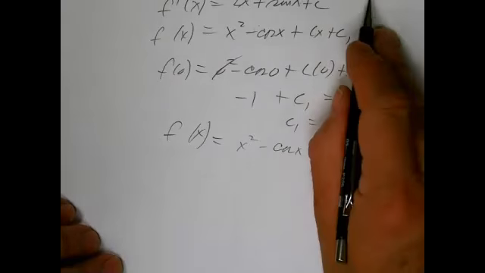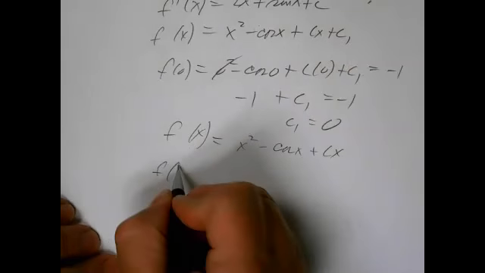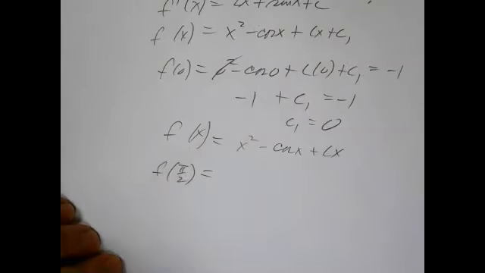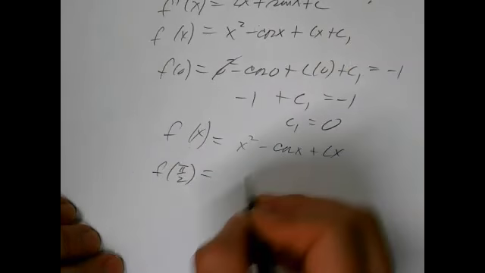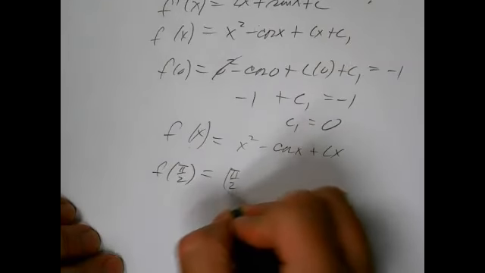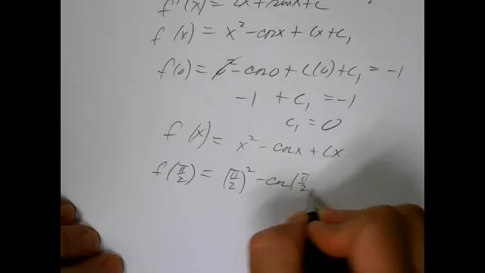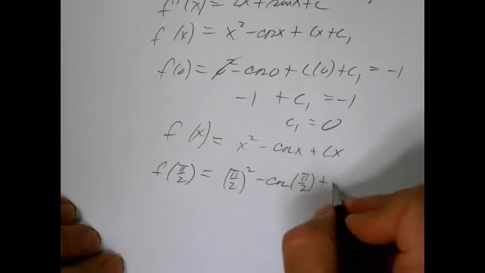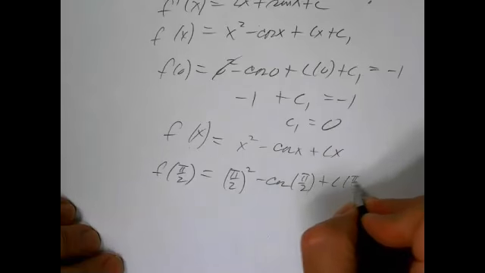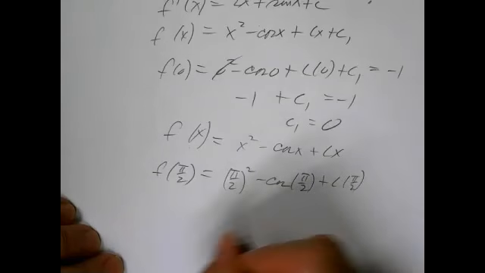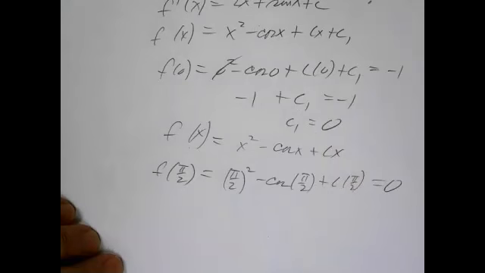Now I can look at the pi over 2. F of pi over 2 is equal to pi over 2 squared minus cosine of pi over 2 plus a constant times pi over 2. And I've been told that's 0.